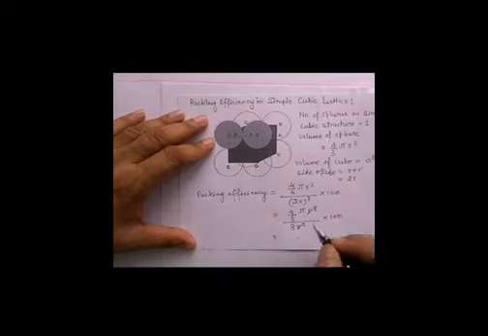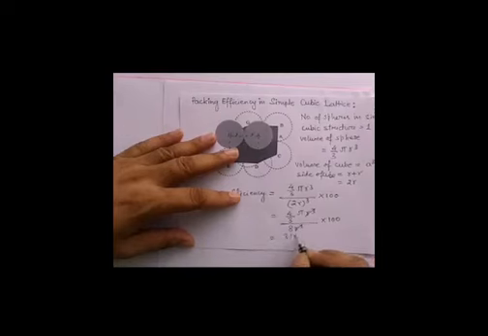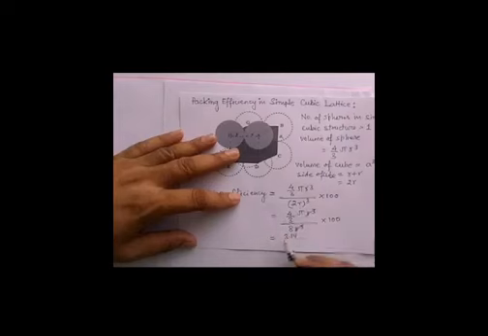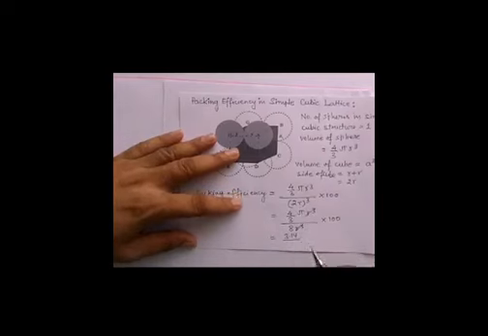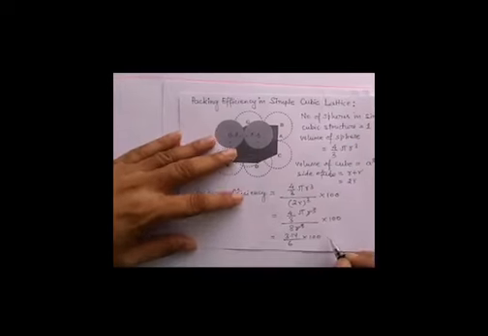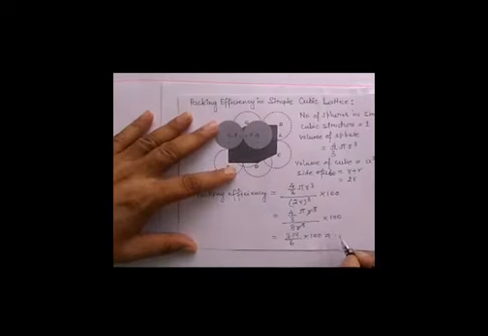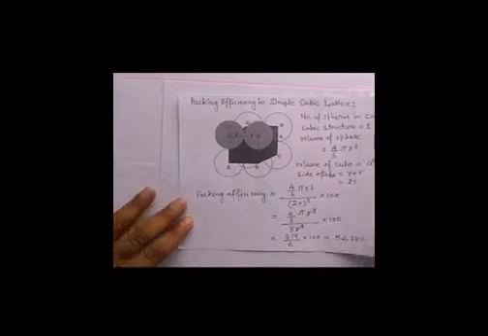On calculation, putting the value of pi as 3.14 divided by this, how much? 6, into 100. So the value will be approximately 52.33% efficiency.